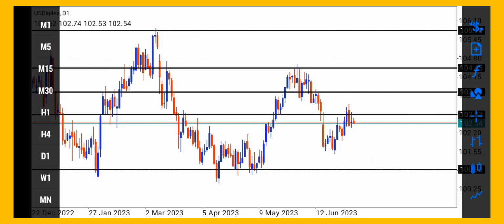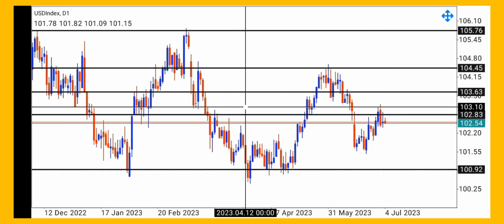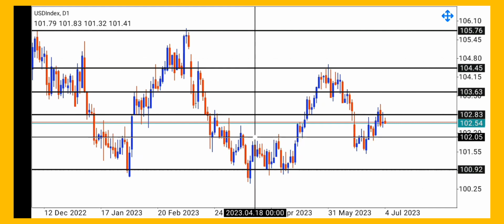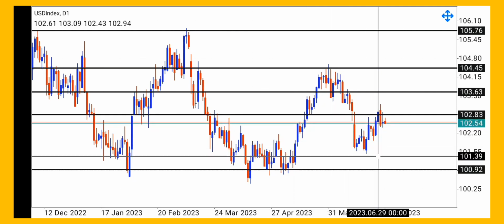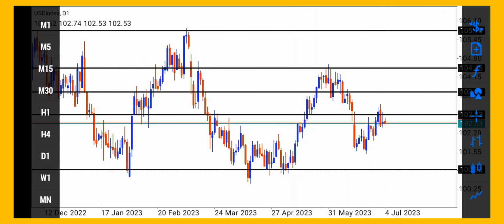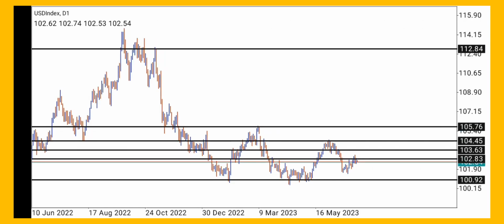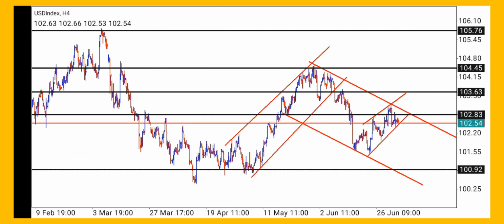Right here you can see we have the dollar index, it's selling, right? We have analyzed our market. I had done my analysis here on H4 and I had realized some sort of a trend that will guide us.